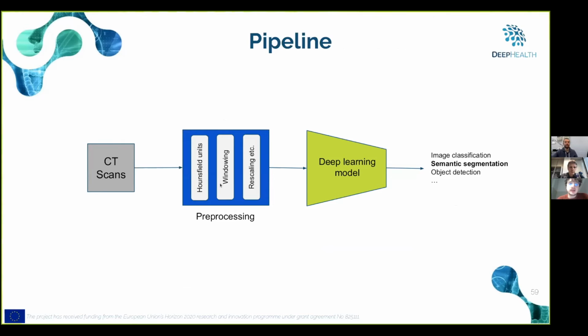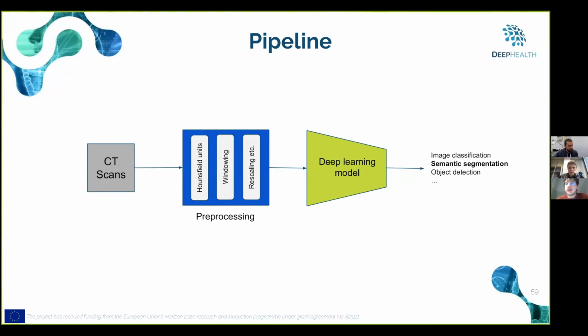Then there are pre-processing functions. For example, we convert the pixels into Hounsfield units, then we apply windowing or rescaling and so on. The input, already pre-processed by these functions, is the input for the deep learning model, which can be, for example, a UNet model.